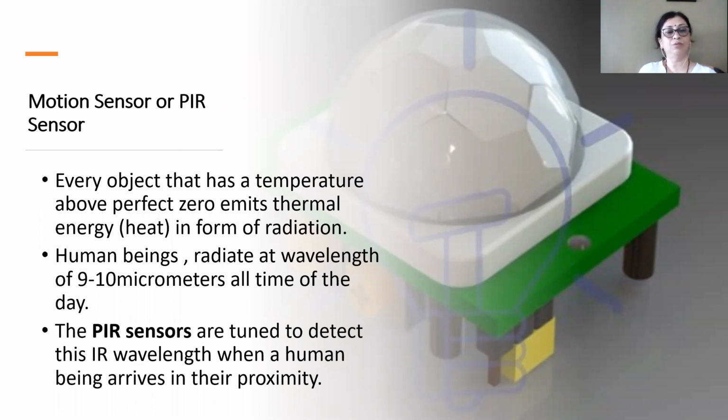It can be tuned to detect the infrared wavelength when human beings arrive near it. So what is a passive infrared sensor? A passive infrared sensor is a sensor which is capable of detecting a human being when the human being is in range of its sight.